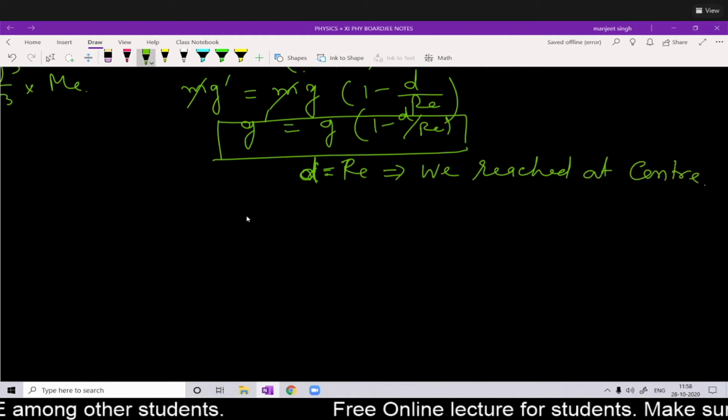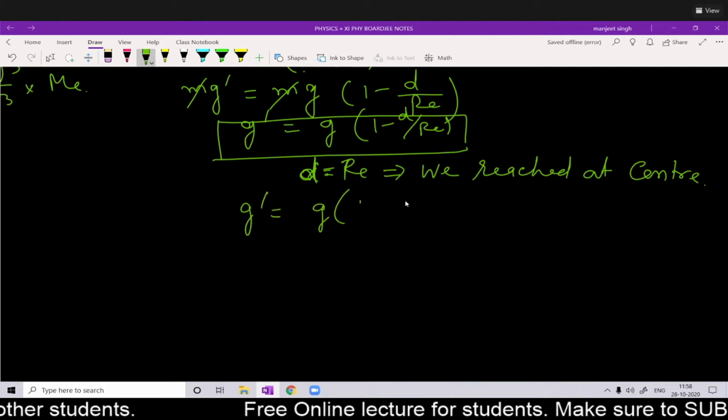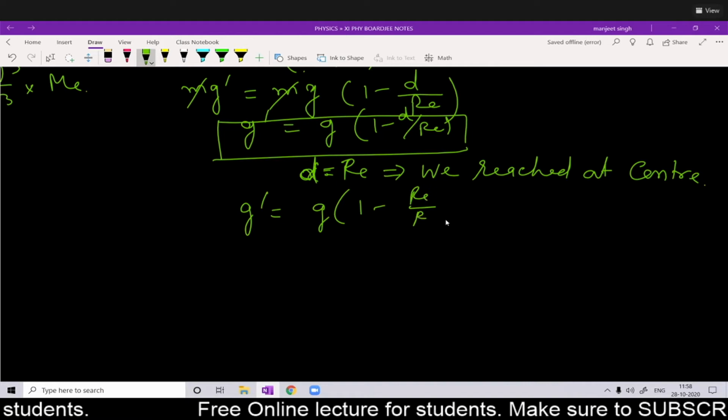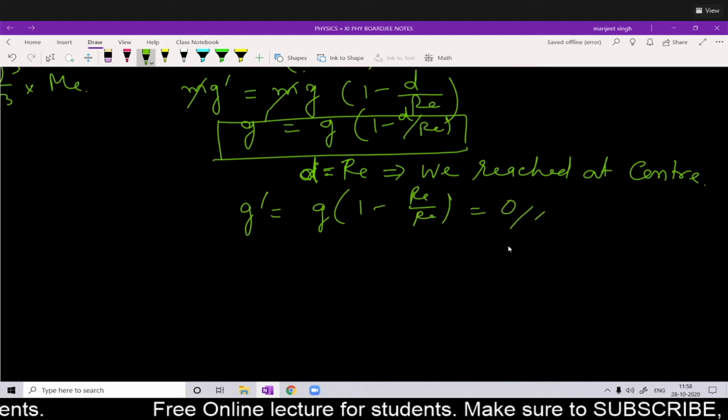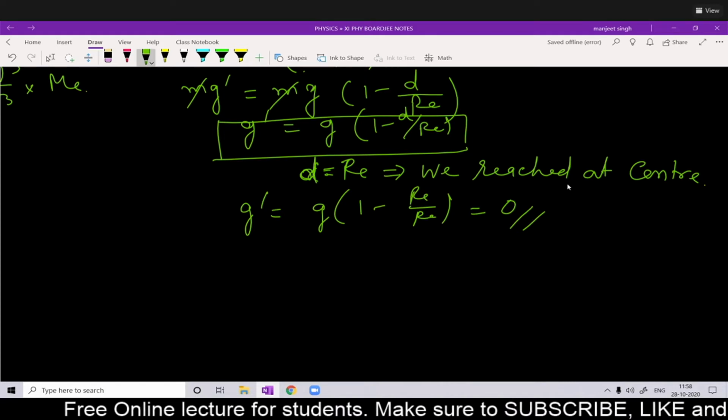So what is g dash there? g times 1 minus RE upon RE, that means 0. That means gravitational acceleration value at the center of earth is 0.